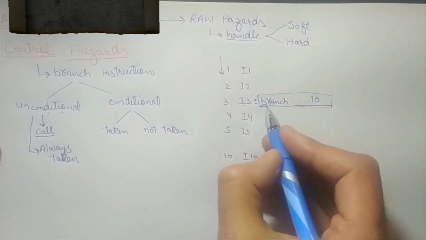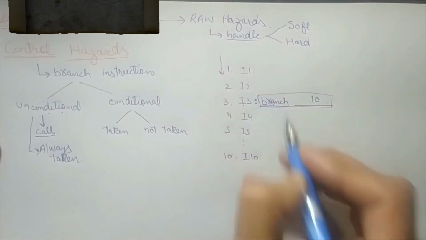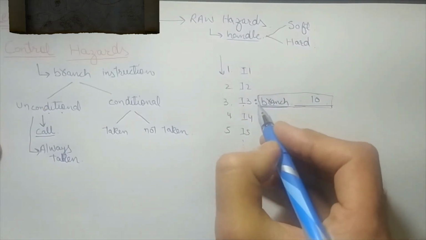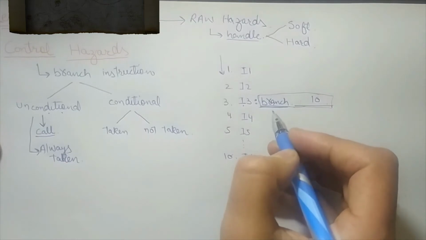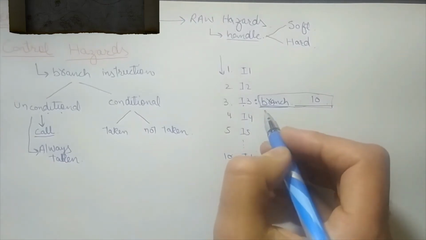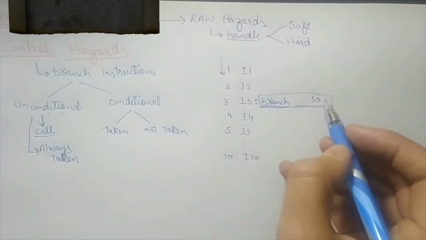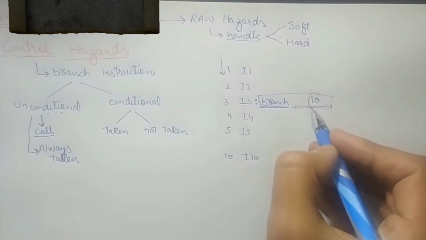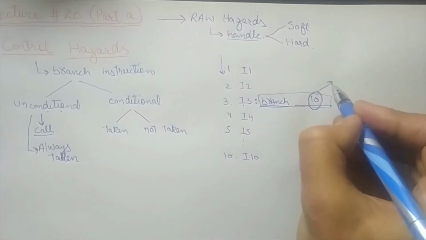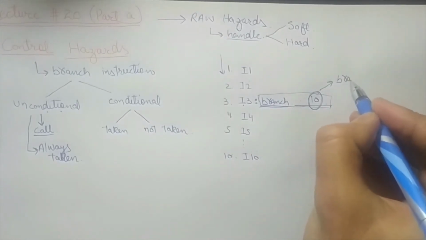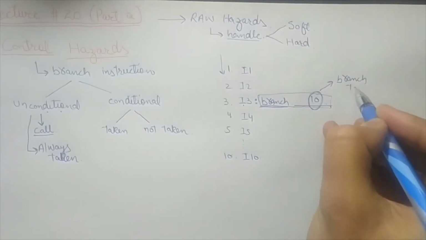However, if this is a conditional branch, this branch checks a condition. If the condition is true, then it will be a taken branch. Taken branch means the next instruction to be executed is determined by this address, which is called the branch target.